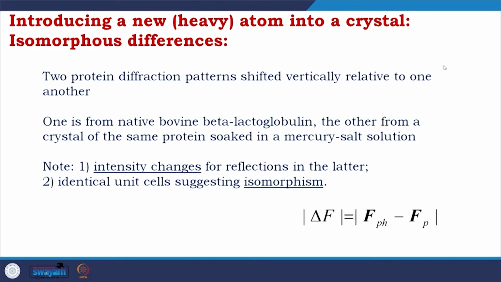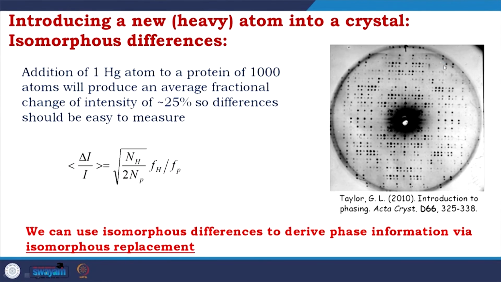What we have to see are intensity changes for reflections in the latter, with identical unit cells suggesting isomorphism, as I discussed in the last slide, del F equal to FPH minus FP. If you look here, you see that some of the spots are stronger and some are not so strong.